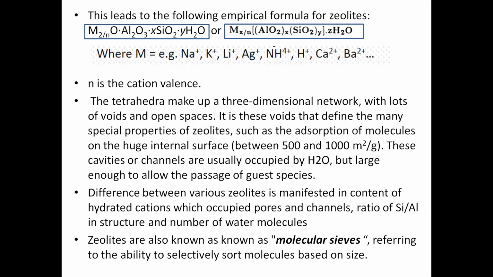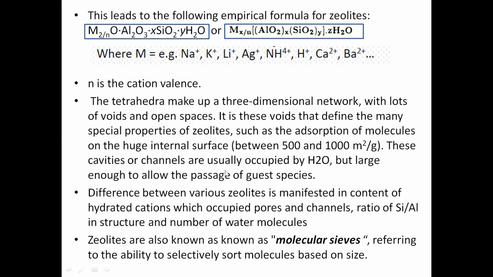Normally, if you take sand, the surface area is something like 1 square meter per gram. In comparison to that, this is a very high surface area because of these pores, and that is why it is important for absorption of molecules and catalysis.